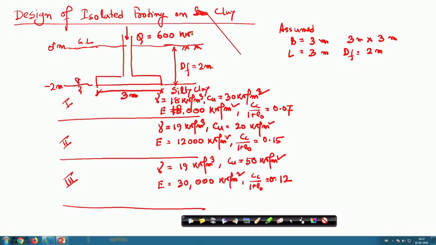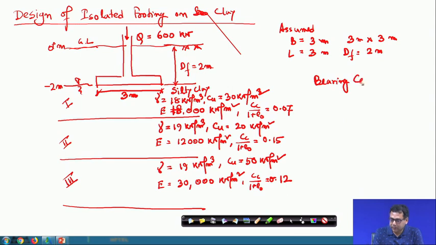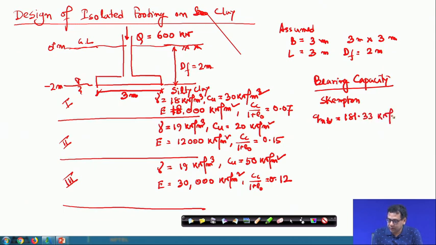When we checked the bearing capacity, we used the Skempton bearing capacity expression, and the Q net ultimate was 181.33 kilonewton per meter square.